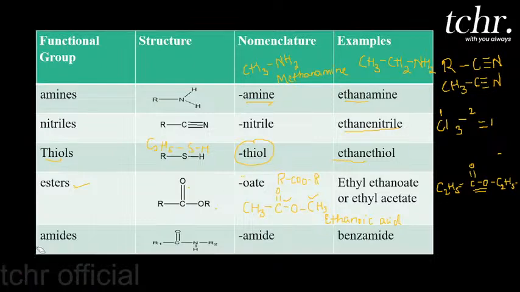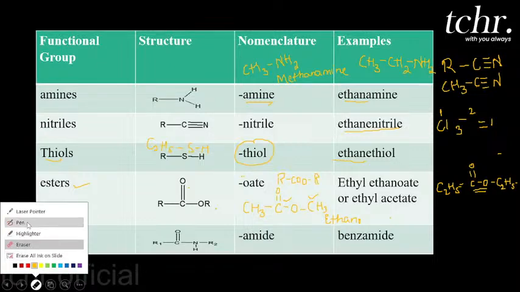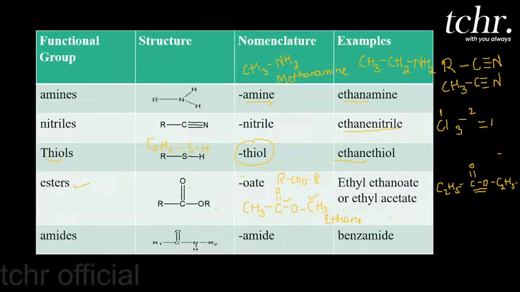Remove the oic acid part. Instead of the suffix oic acid, you should add the suffix oate. Correct? So the oic acid now becomes oate. And which alkyl group can you observe here? Methyl. So it is methyl ethanoate. Is that clear? Instead of oic acid, you use the suffix oate.